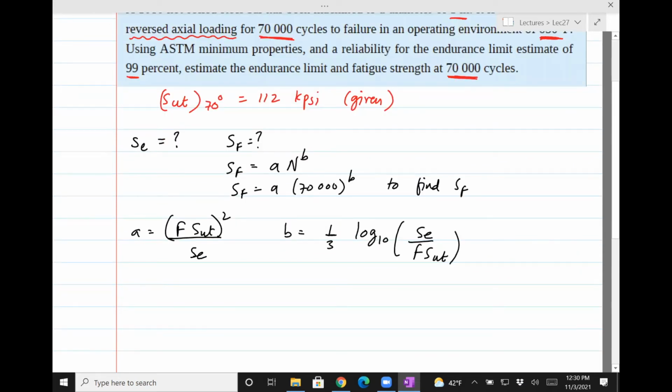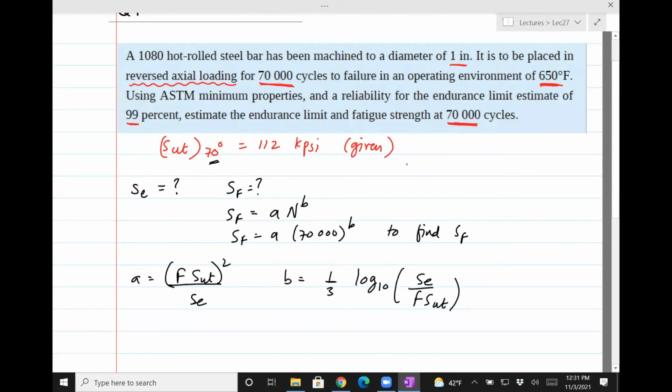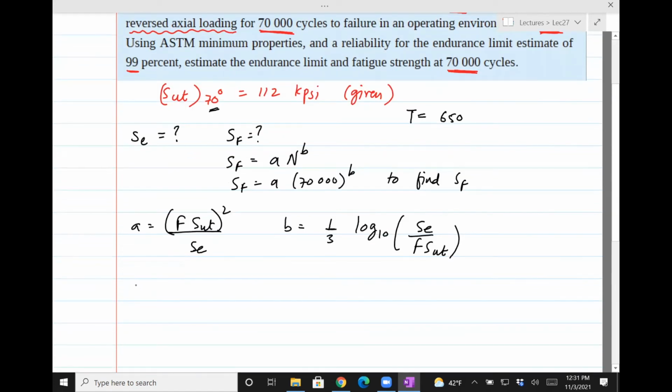Okay, so we have SUT, which is unknown. Well, SUT is known, it's at 70. But we need to find SUT at the operating temperature, which is 650. So here temperature is 650. And then the F, there's a formula for F.